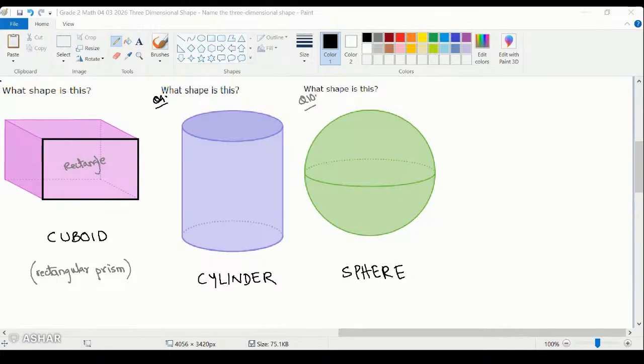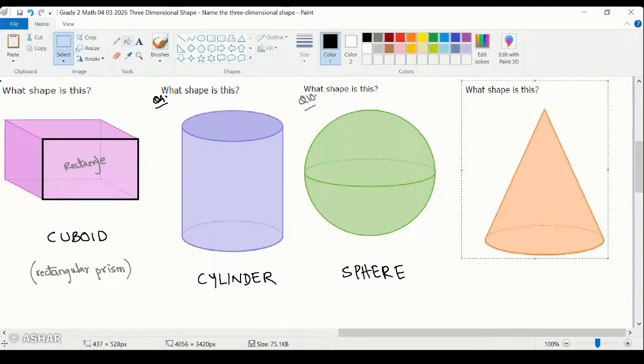And the next question says, what is this shape? For question number 11, if we have this shape given to us, I think we should remember the shape easily, right? Through the ice cream, right? Thank you, May. Thank you, Precious. What is shape number 11?